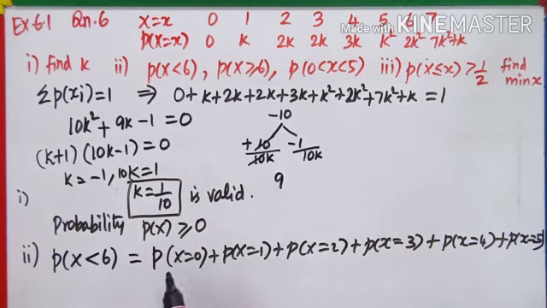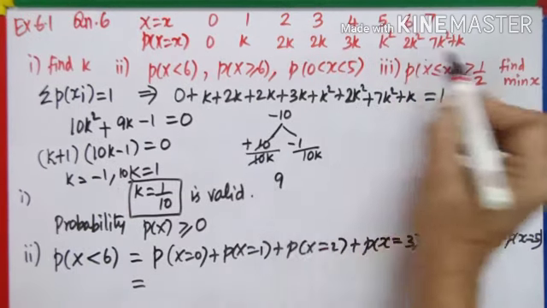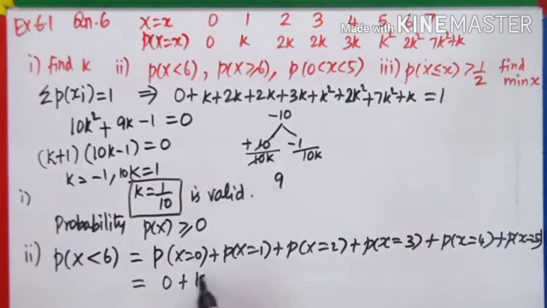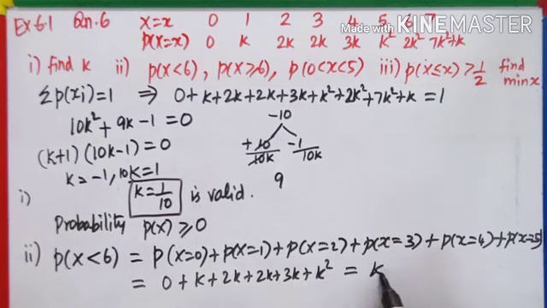These are the values which are below 6. Add all these probabilities from the table. 0, k, 2k, 2k, 3k plus k square, which is nothing but k square plus 8k.